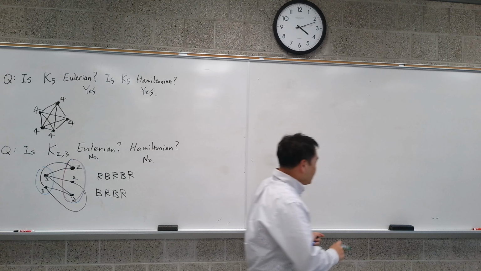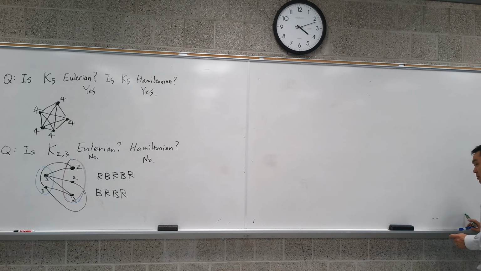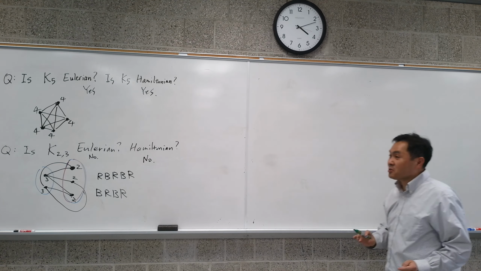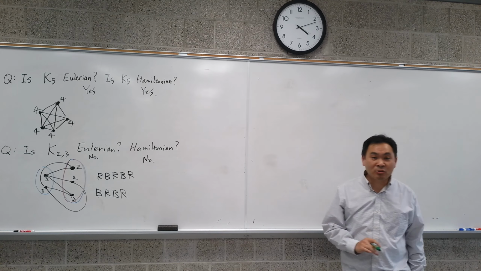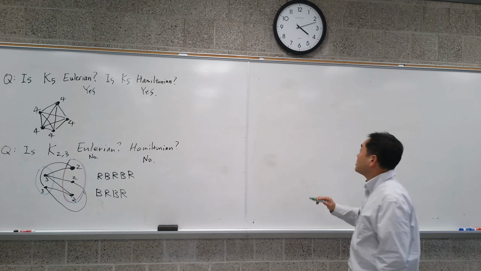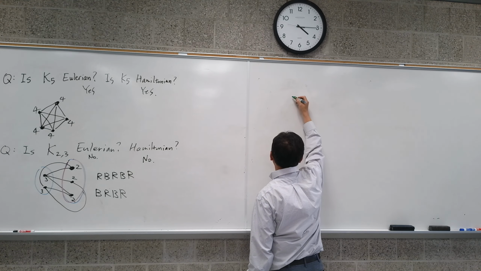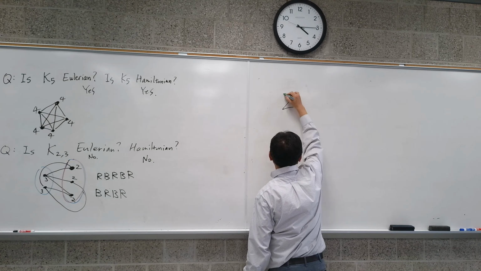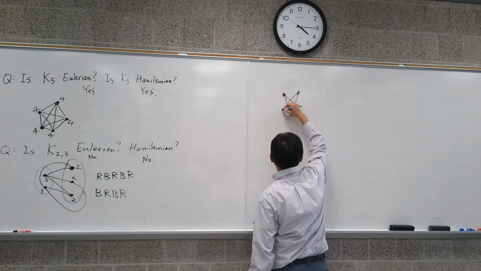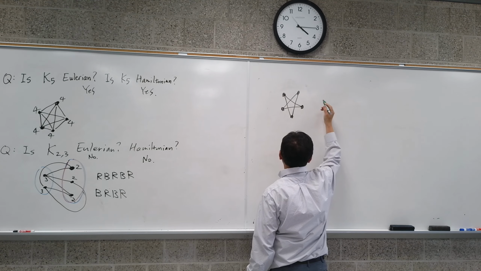Okay. Now if you ever learned any graph theory, there's a famous graph that everyone should know. Anyone who learned graph theory should know one. So you start with the star in the middle, okay?